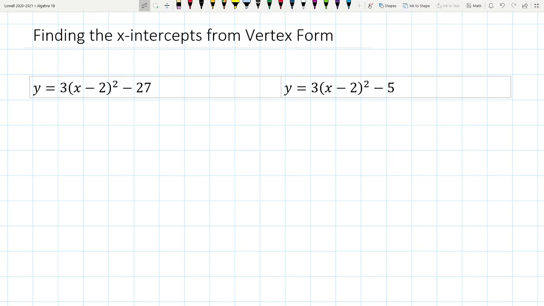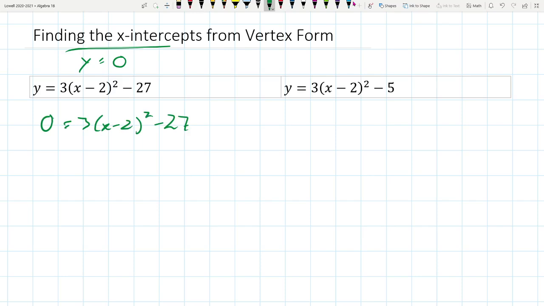Whenever you're finding the x-intercept, no matter what type of equation or function you have, your first step is always to set y equal to 0. So I'll start with 0 equals 3 times (x minus 2) squared minus 27.